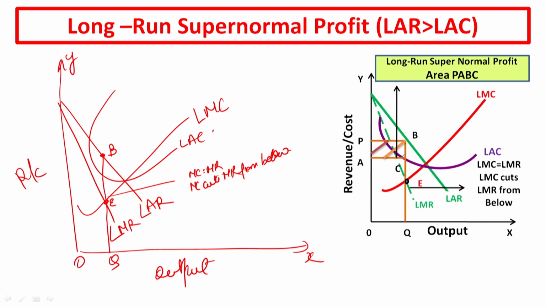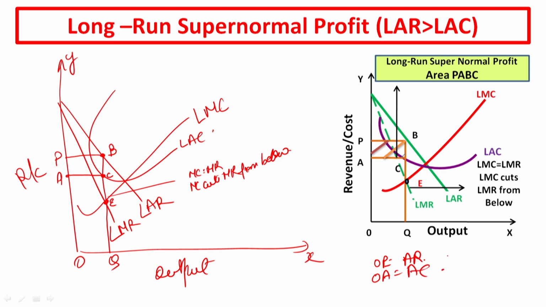It touches the average cost at point C. When you extend it towards the y-axis, this gives you a point P. That means OP is the average revenue, and this is the average cost, so OA is the average cost.